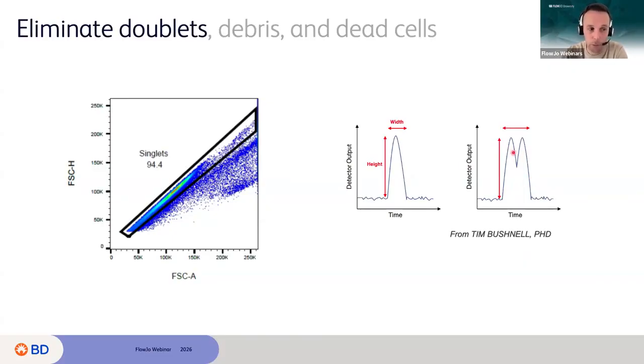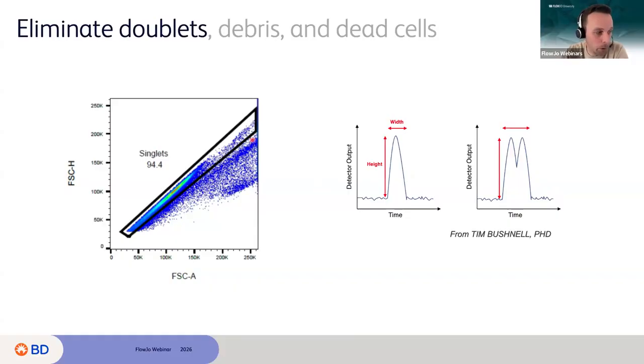So you were not able to go back to baseline between the first cell and the second cell, and that's how we detect the doublet, because now your pulse height is still going to be the same because they're the same size of cells, but the width is going to be way longer because now you have two cells that cross the laser, and because of that, your area is going to be way bigger.